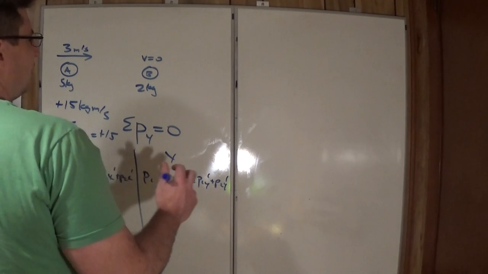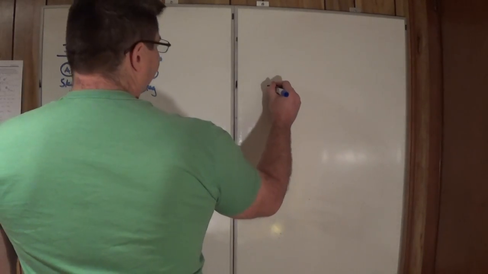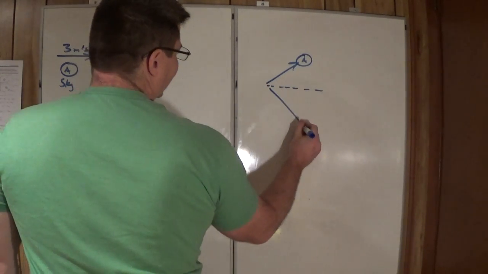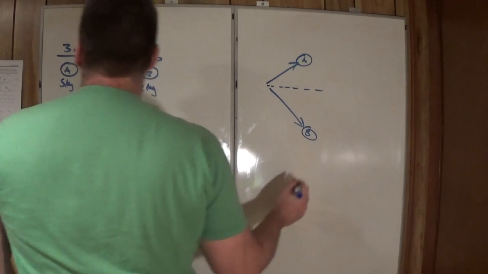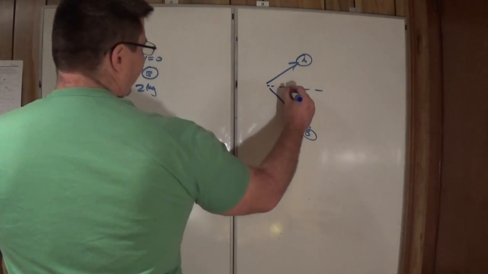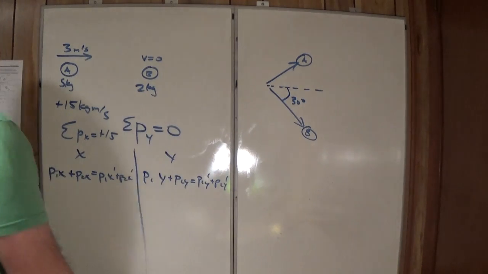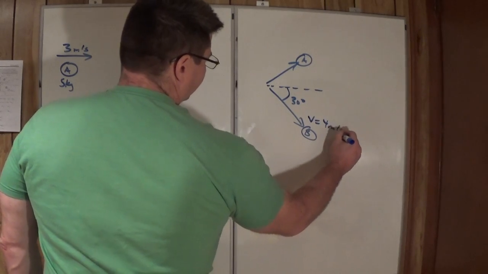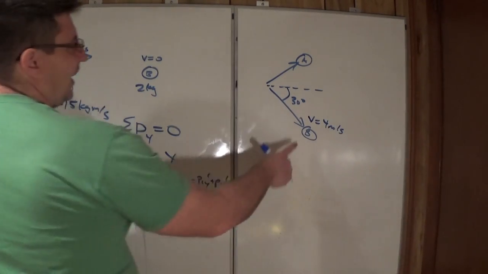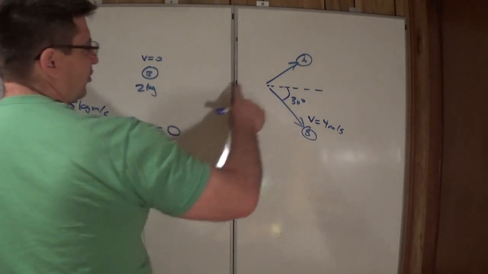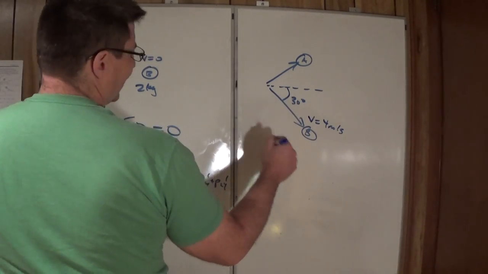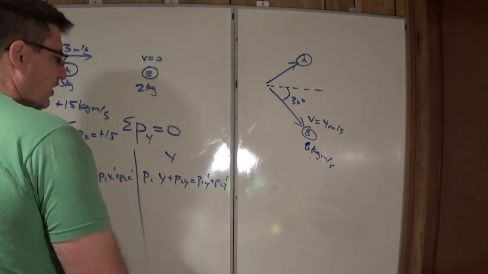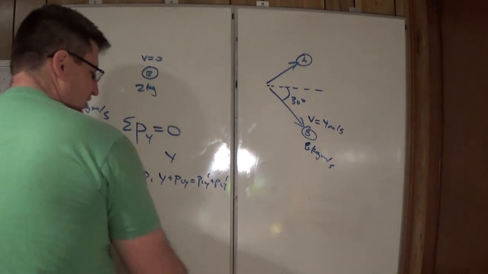Now after these two guys collide, we have object A going off in some direction like this, and object B going off in a direction that we specify. Object B is going at 30 degrees south of east, with a speed of 4 meters per second. That momentum has components. The momentum of object B is 8 kilogram meter per second, with a component to the east and a component to the south.